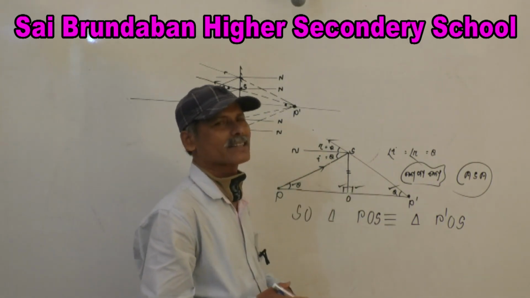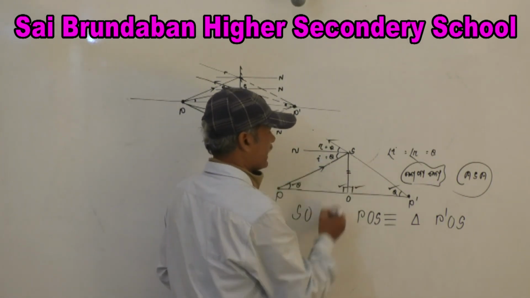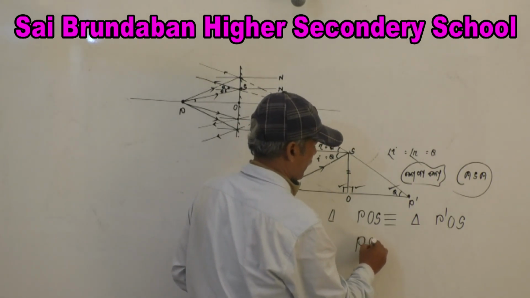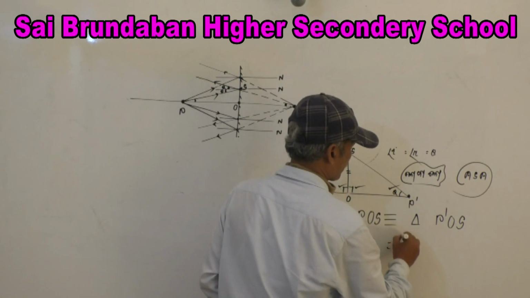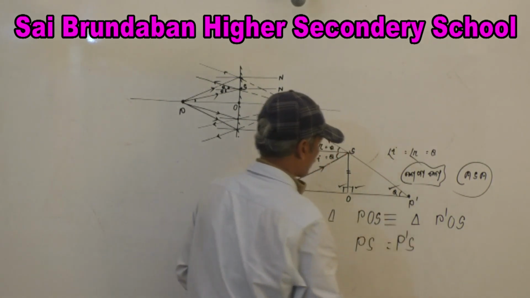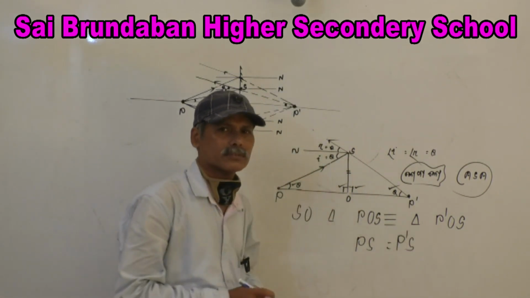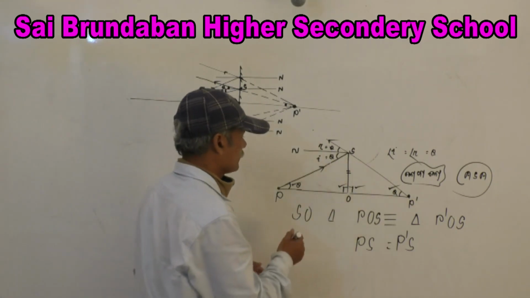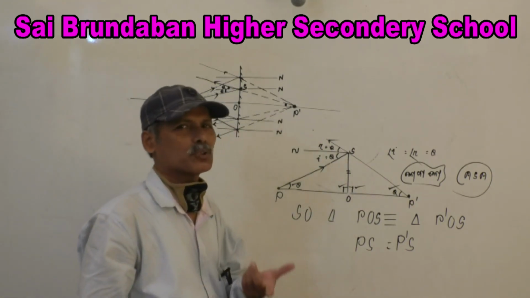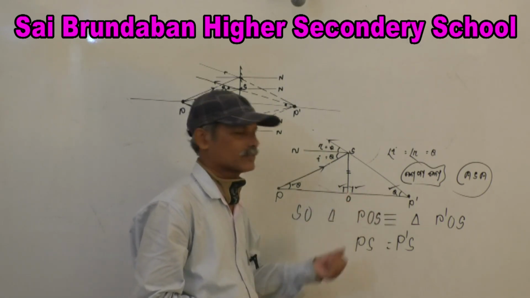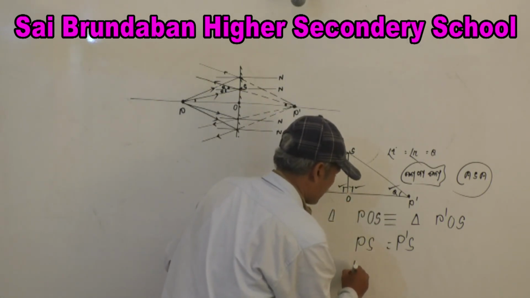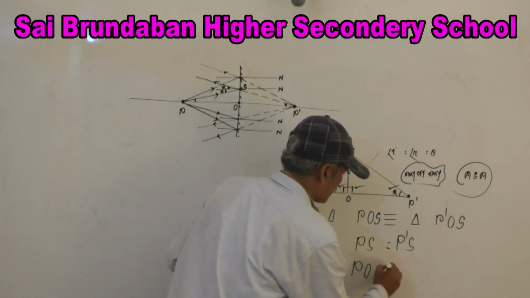So no doubt PS is equal to P dash S. SO is the common side. Then finally we have two sides. One is PO, another one is P dash O. So PO is equal to P dash O.